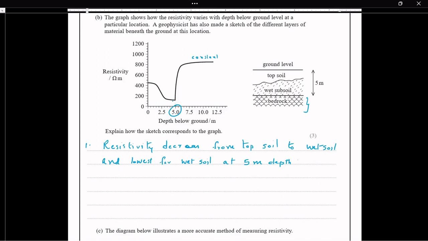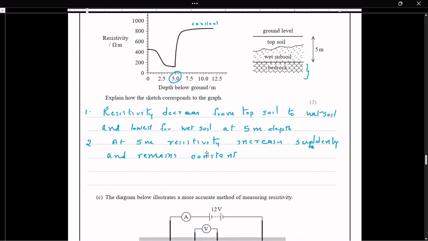Then after that, what is happening? At 5 meters, the resistivity increases suddenly and remains constant. See here you see that the resistivity remains constant here.